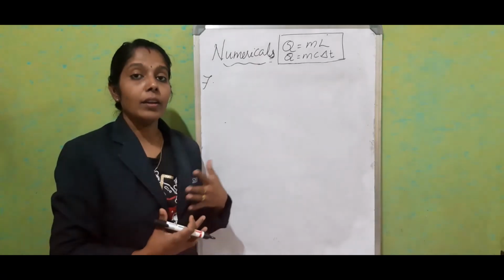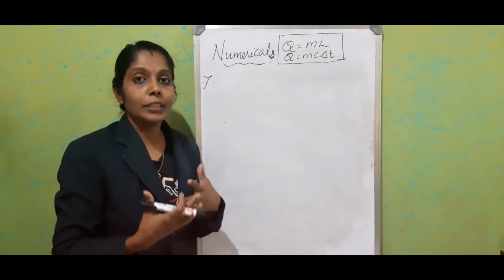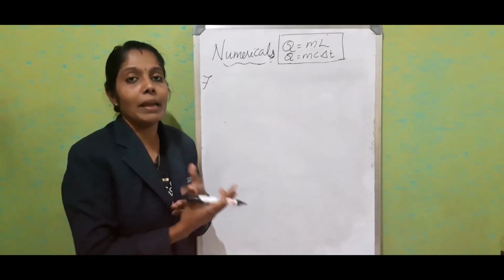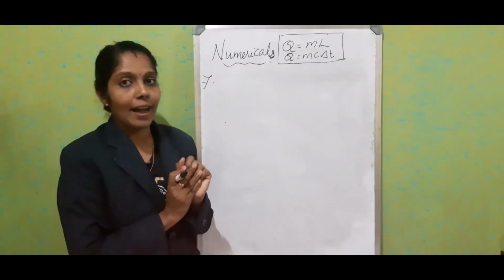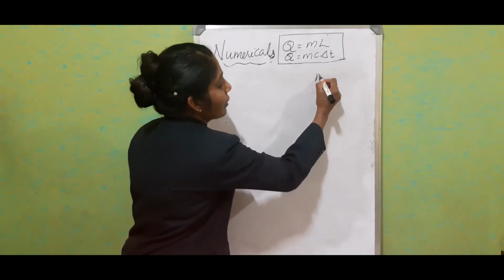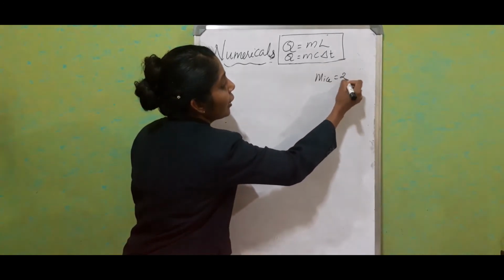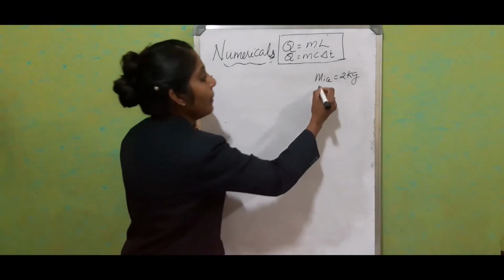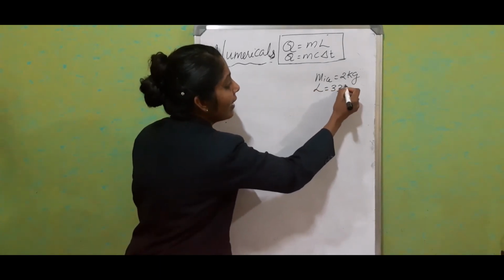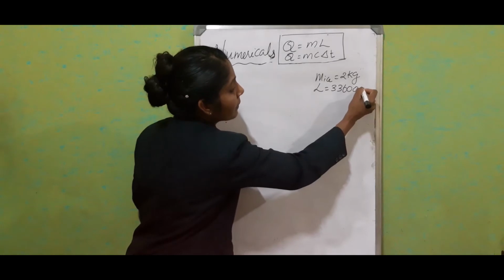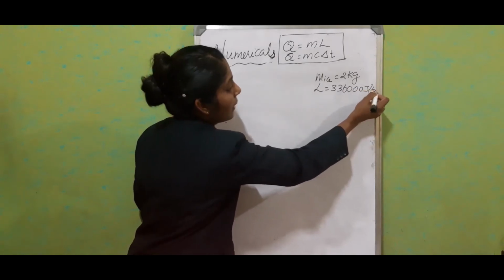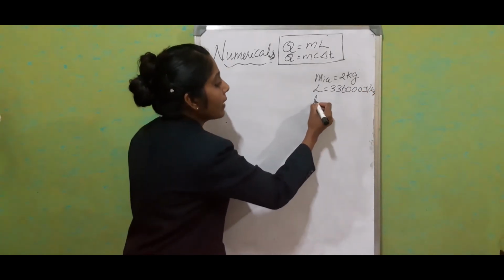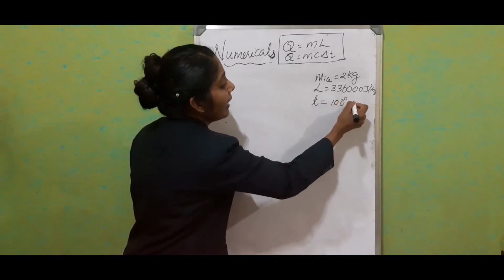We have to find out how much quantity of water we require to melt that 2 kilogram of ice. Okay, so the mass of ice is given as 2 kilogram, and in terms of kilogram, L is equal to 3,36,000 joule per kilogram. Okay, and the temperature is given as 100 degrees Celsius.